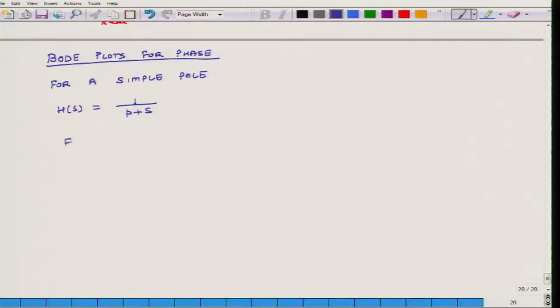So, for s equals j omega, H of omega equals 1 by p plus j omega, and this can take two asymptotic values.